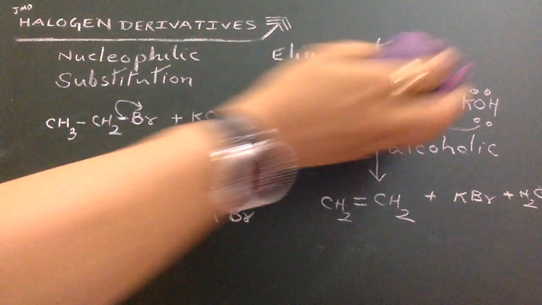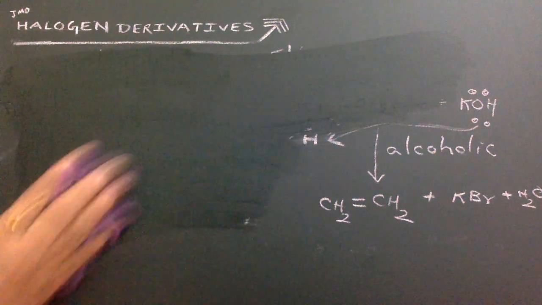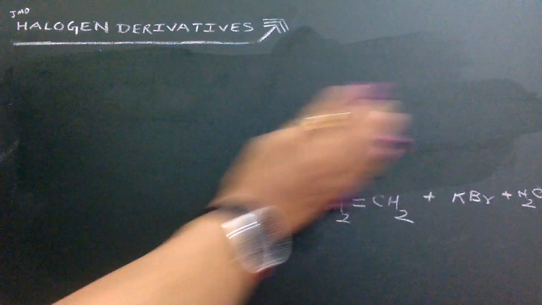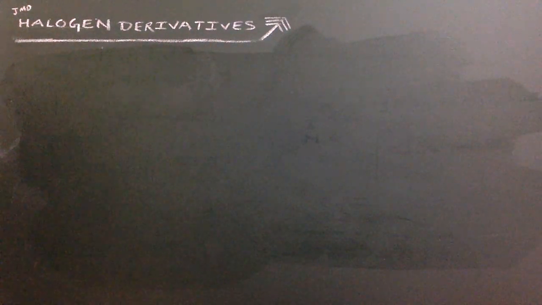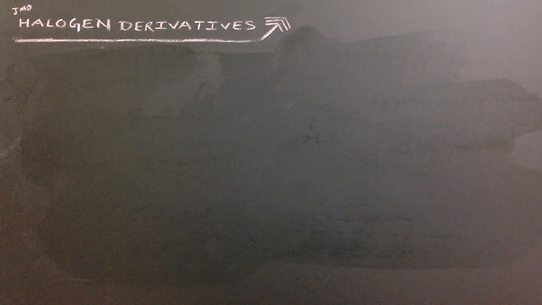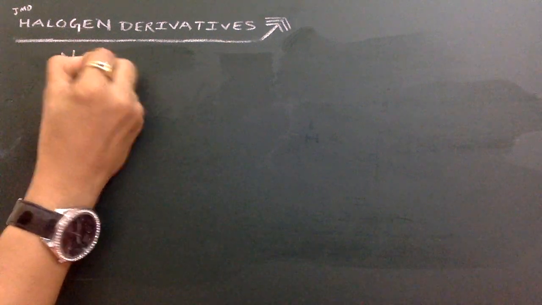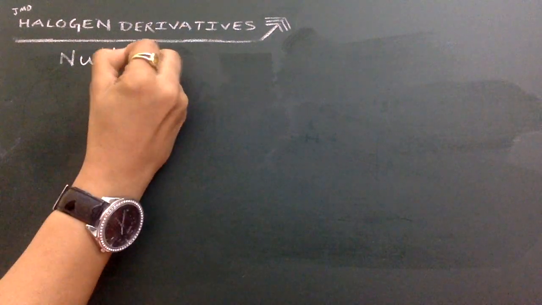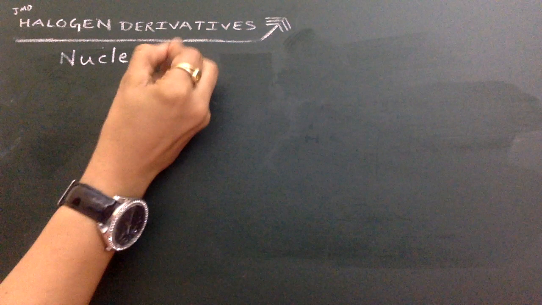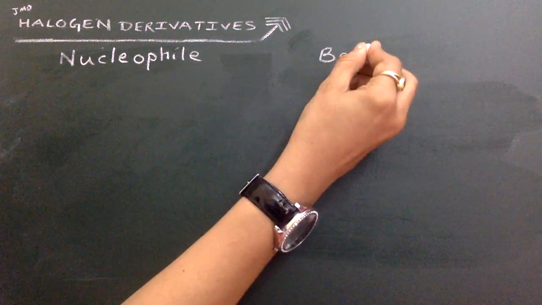Let us see how that differs and how to understand that the same species can behave as a nucleophile and can behave as a base also. So what do we understand by the term nucleophile and the base? What is the meaning of nucleophile and what is the meaning of a base?